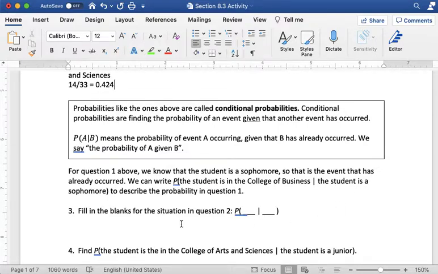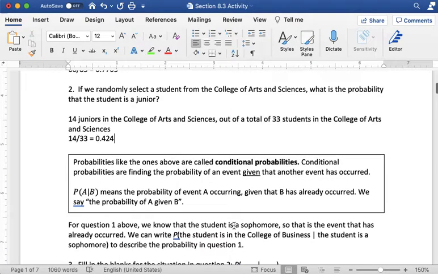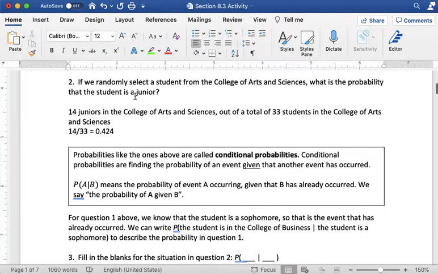So let's fill in the blanks for the situation in question 2. Question 2 says, if we randomly select a student from the College of Arts and Sciences. That's going to be our given part of the statement. The student is from the College of Arts and Sciences.